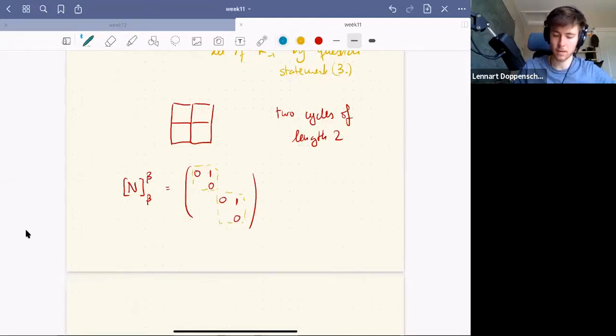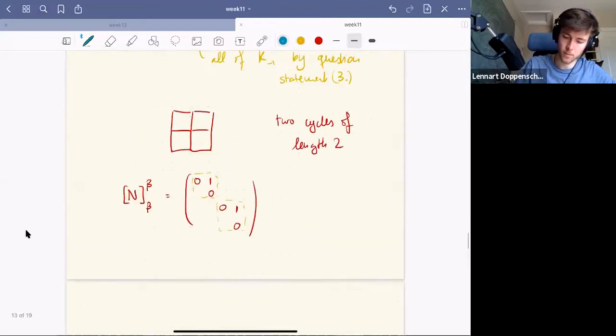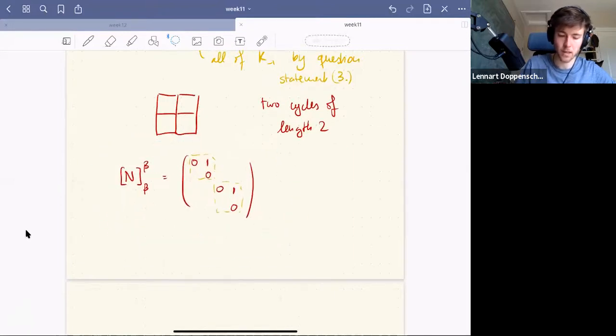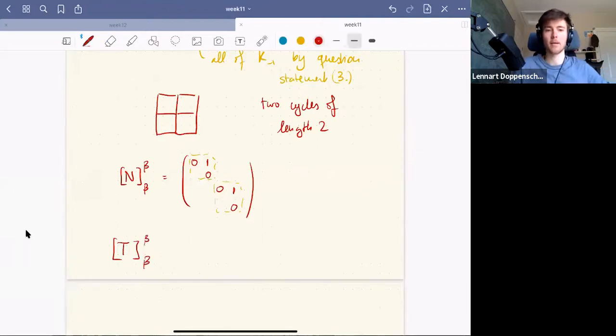Right, and now, again, as before, we're not satisfied with just having the nilpotent transformation, because what we're actually looking for is the transformation itself. So the difference between the transformation and the nilpotent transformation that we computed from that in the same basis is just the eigenvalue multiplied with the identity matrix.